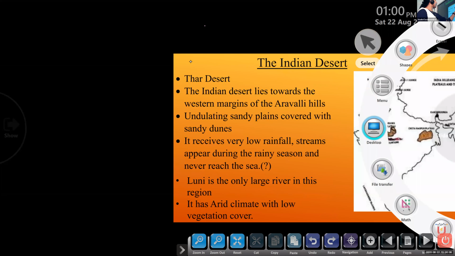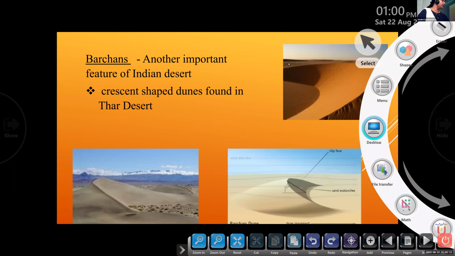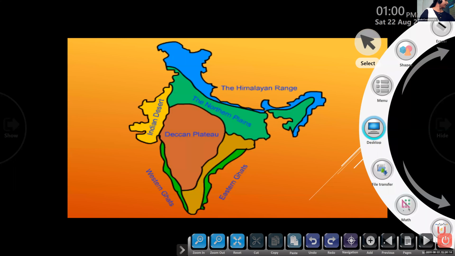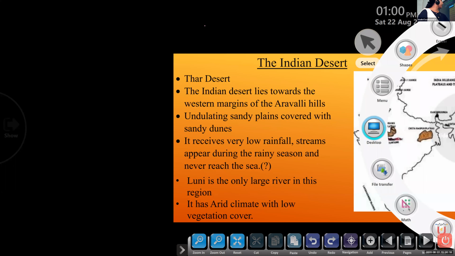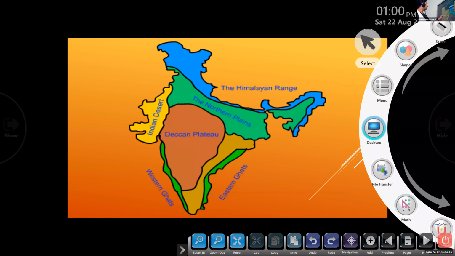When we talk about the location of the Indian desert, it lies west of the Aravalli mountain ranges. This is the Aravalli mountain ranges. West of the Aravalli mountain ranges, we have the Indian desert.